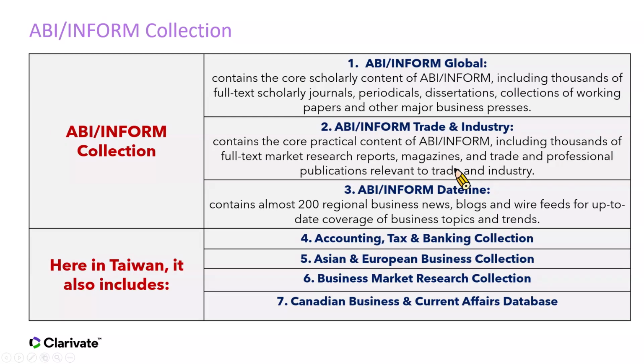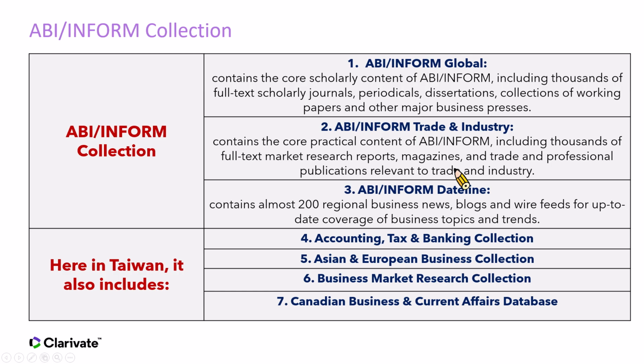So what is ABI/INFORM Collection? It's a business database consisting of three core databases: ABI/INFORM Global, ABI/INFORM Trade & Industry, and ABI/INFORM Dateline.